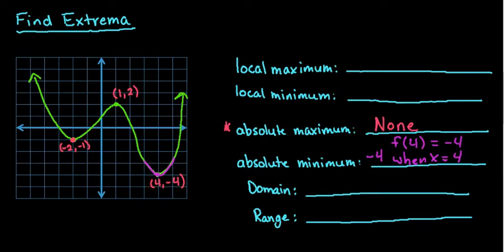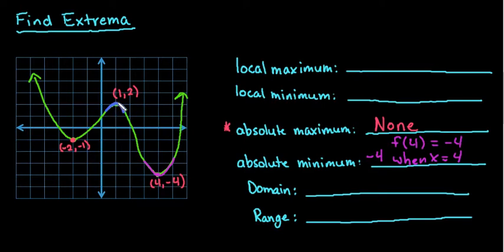We do have some other maximum and minimum points. We have some turns in our graph. If you remember from the definition of a local maximum, it's got to be in an interval. If I look at this interval right here, an open interval, it doesn't have to have an end. It just has to be before the next turn.